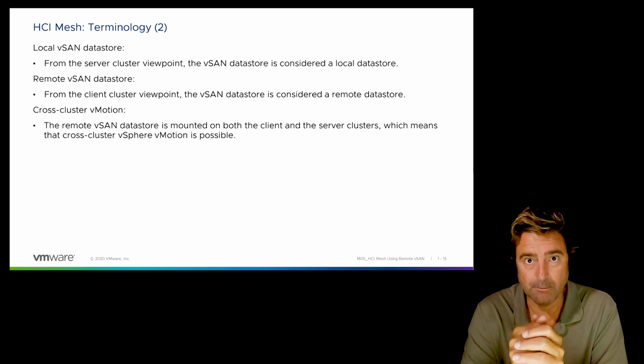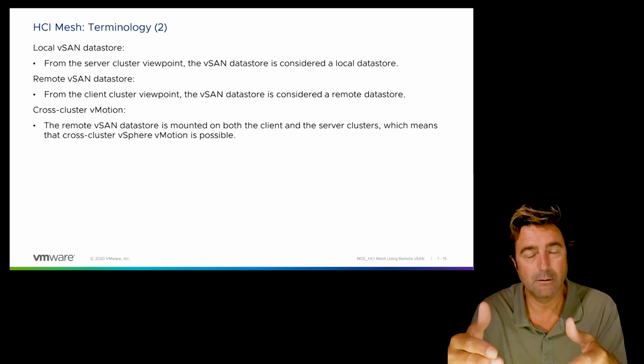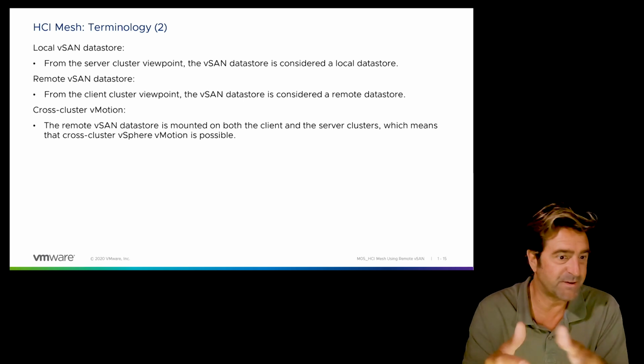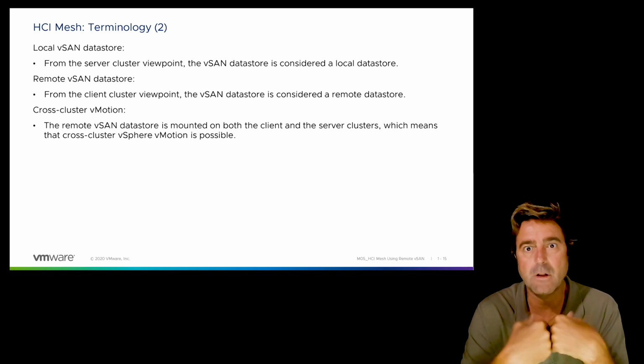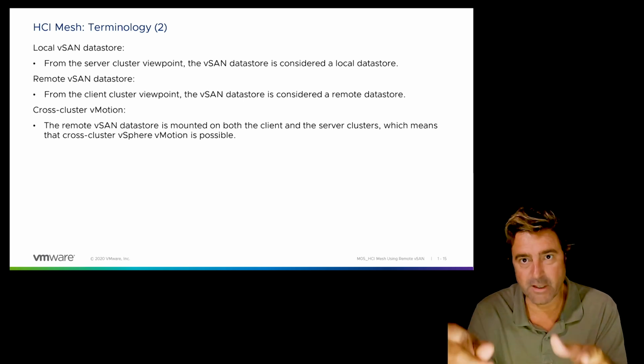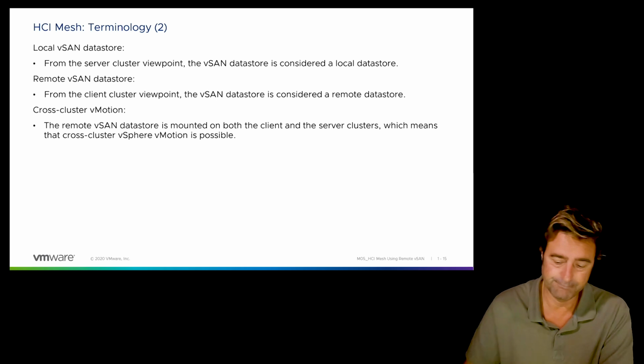Local vSAN data store. If I storage vMotion that to the second data store, to the one belonging to the other cluster, that would be an example of a remote vSAN data store. And remember, in that case, I am the client. The cluster that controls the second data store happens to be the server.